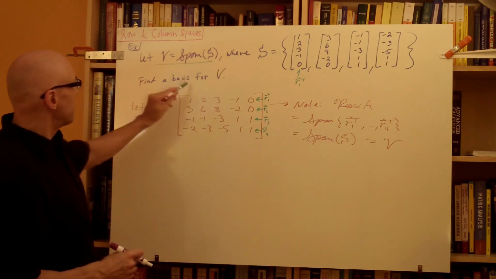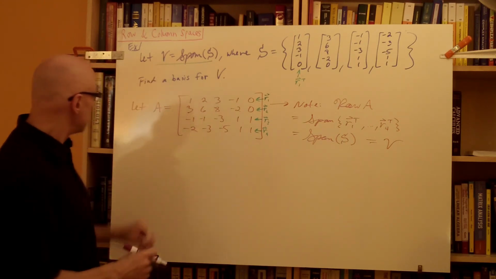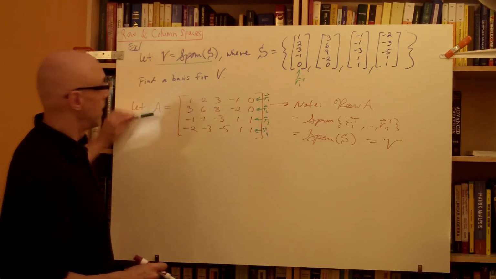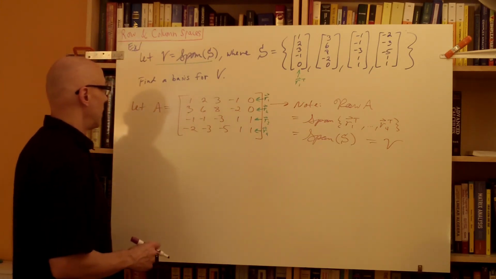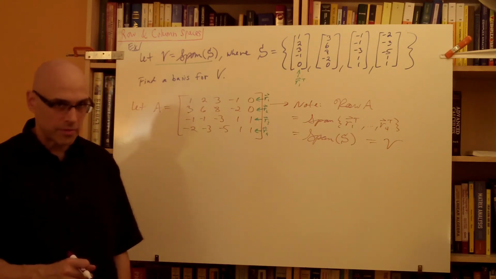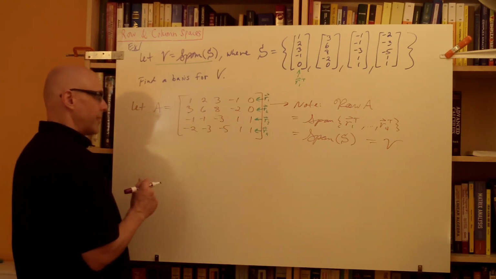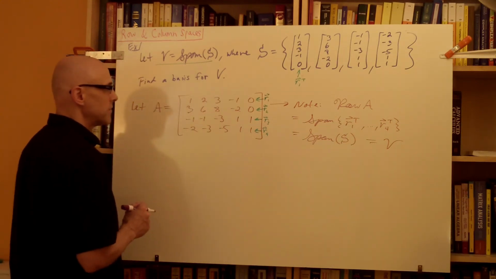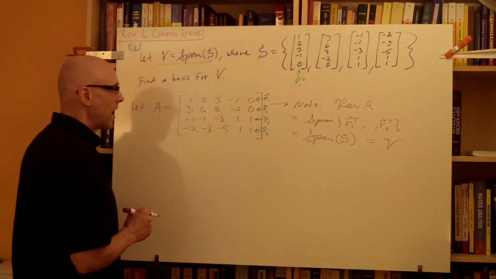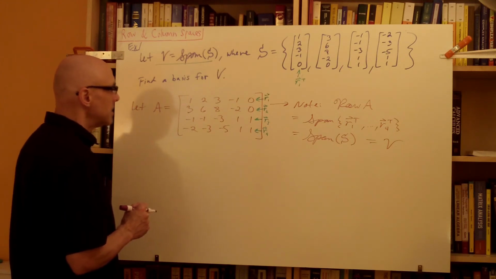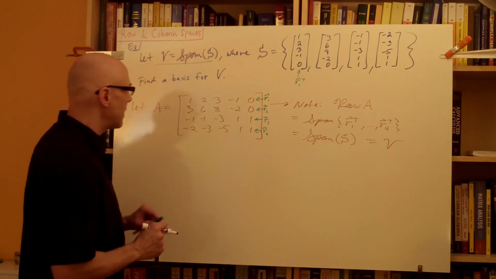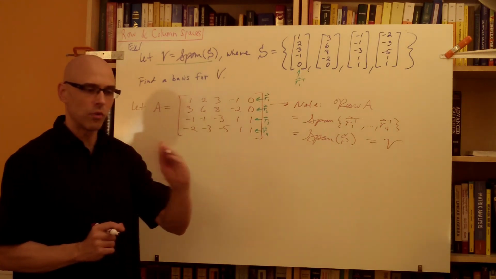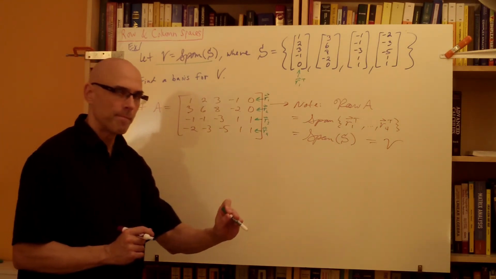So the job of finding a basis for V is the job of finding a basis for the row space of A. Now here's the object of the game at this point: to find a basis for the row space of A, and that will be easiest if we find a matrix that is row equivalent to A that is in row echelon form.